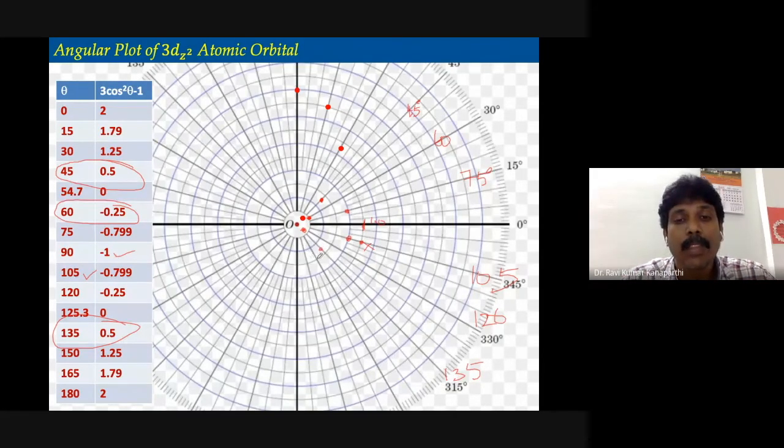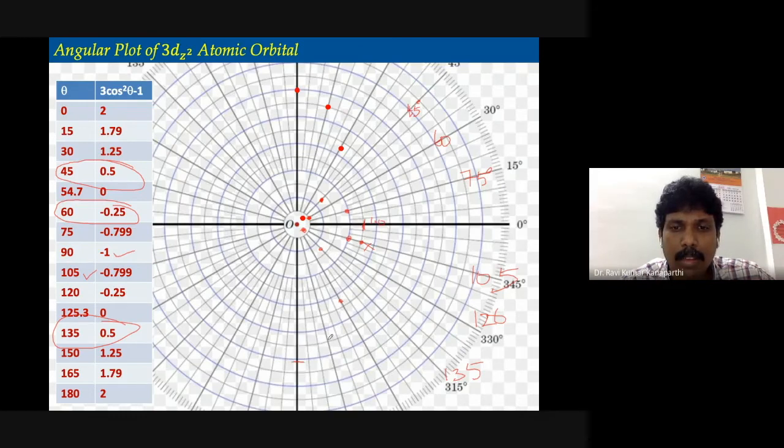And then what else? We have 1.5. This is 0.2, 0.4, 0.6, 0.8, 1, 1.2, just 0.5 more. That means it is somewhere here. And then the other one is 1.8. So this is essentially this circle.